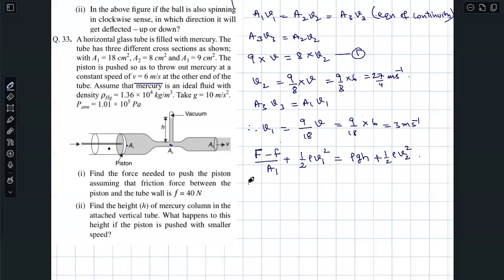So finally, F minus 40 by A1, 18 times 10 power minus 4, plus half rho, 13.6 into 10 power 3, V1 square, is equal to 13.6 into 10 power 3 into 10 into H plus half.